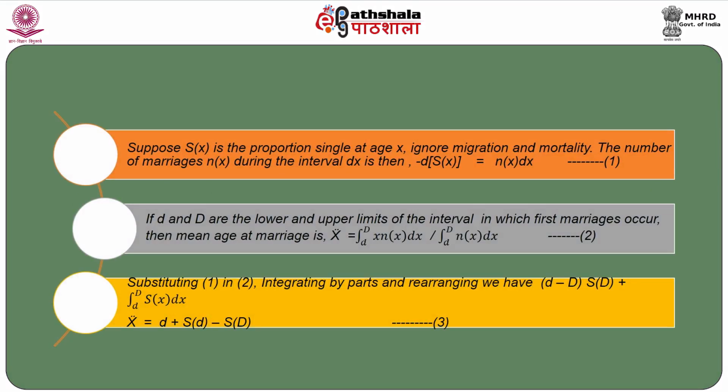Suppose Sx is the proportion single at age x, ignoring migration and mortality. The number of marriages, indicated by n(x), during the interval dx can be obtained as minus dSx.